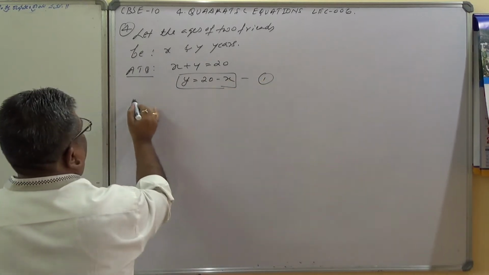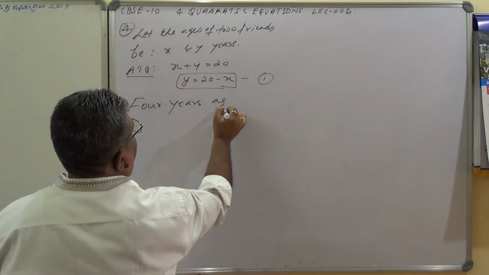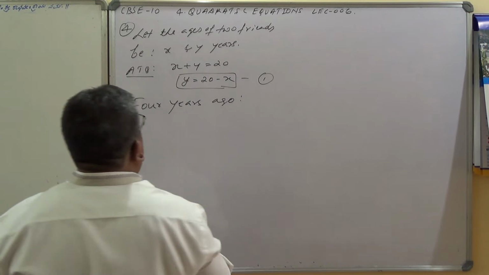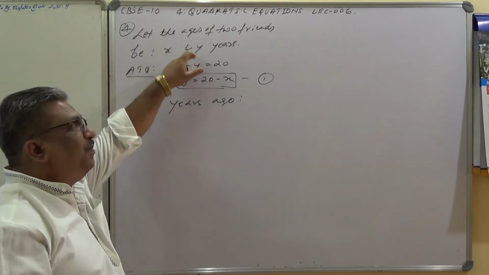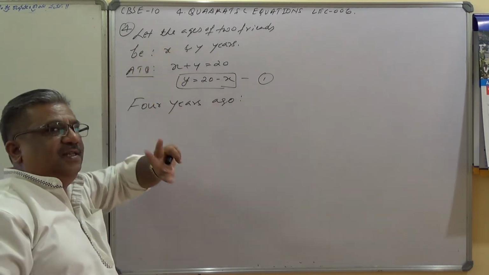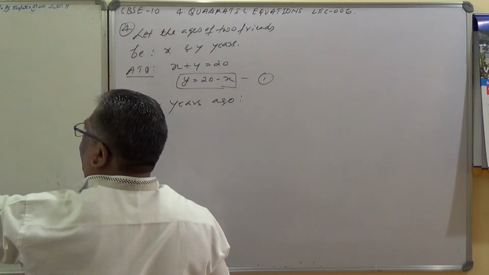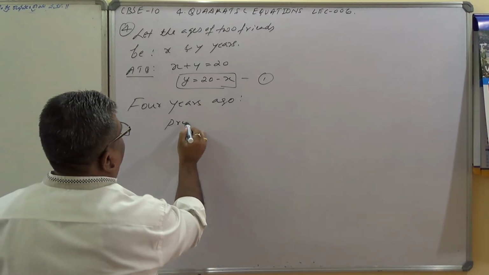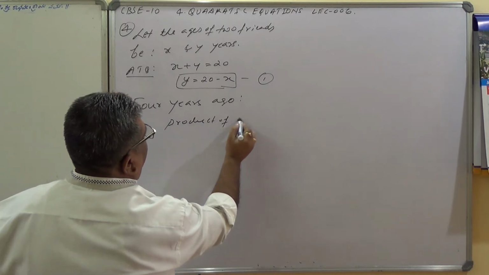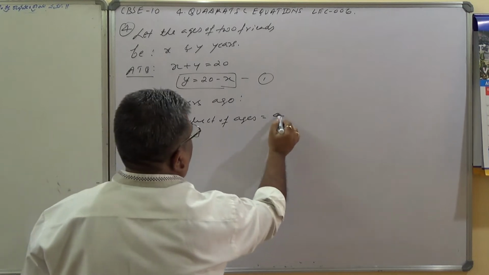4 years ago, what would be the age of x? x minus 4. Age of y? y minus 4. So the product of their ages 4 years ago was 48. The product of ages equals 48.